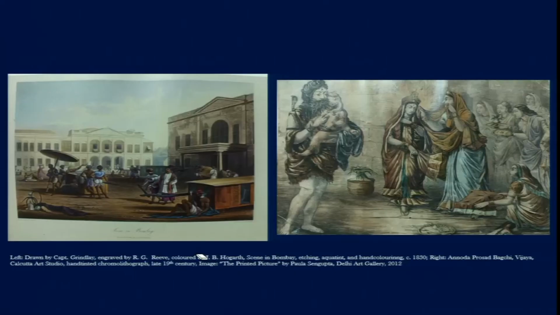So we see that in terms of the color scheme, the space division, the depth and everything else, a lot of what we see in the image on the left is also reflected in the image on the right.